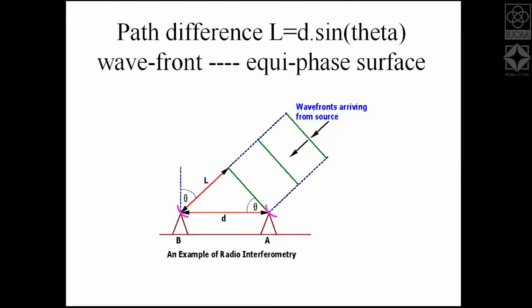It's the same thing. I've just written the expression d sine theta is the extra path difference, and we want to be on the equiphase surface, which is the wavefront at both the locations.